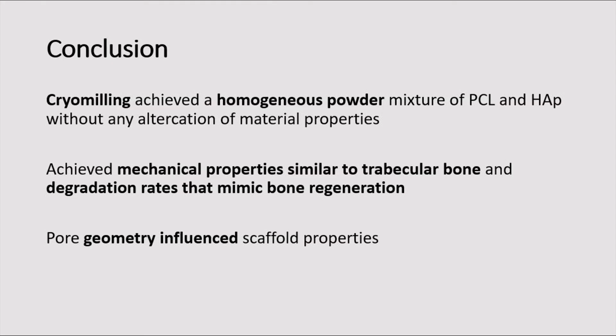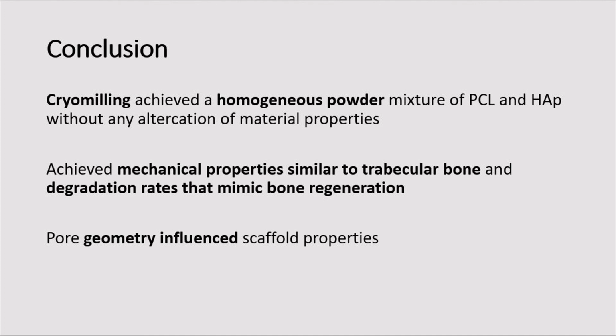In conclusion, cryomilling achieved a homogeneous powdered mixture of the polymer PCL and ceramic HAP without any alterations of material properties. The characterization of PCL HAP 3D printed scaffolds showed mechanical properties similar to trabecular bone and degradation rates needed for bone tissue regeneration.